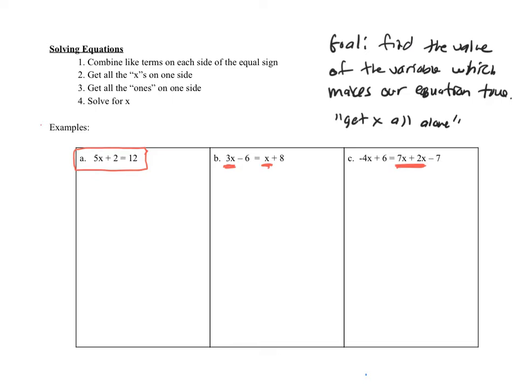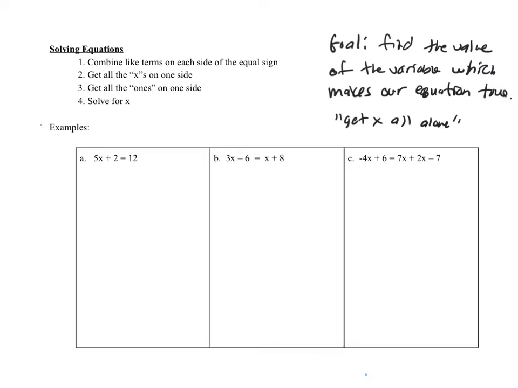And then I can move all the operations away from that variable and solve for it. So like on example A, I'm going to get rid of the plus 2 and the times 5, so that at the end, all I have is x equals my solution. So those 4 steps are steps that you may have to go through as we solve these equations.